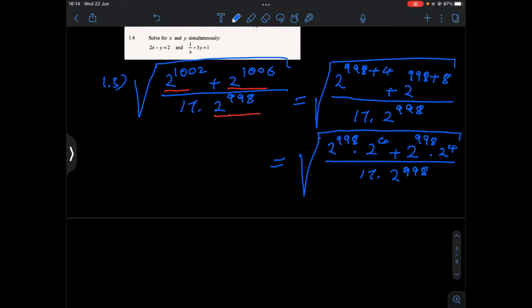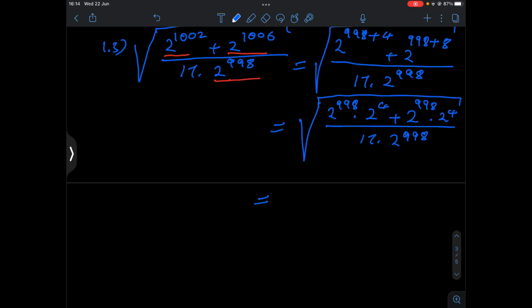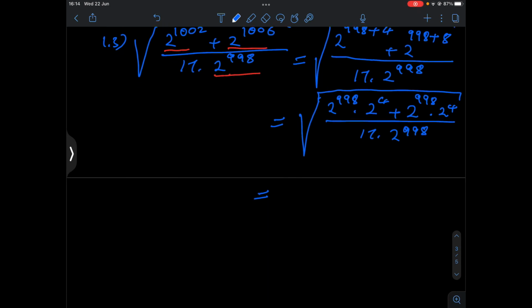So now I can factorize the 2 to the power of 998 so that I can divide to cancel them together. On the top part we have 2 to the power of 998 common on both terms, so we are left with 2 to the power of 4 plus 2 to the power of 8.